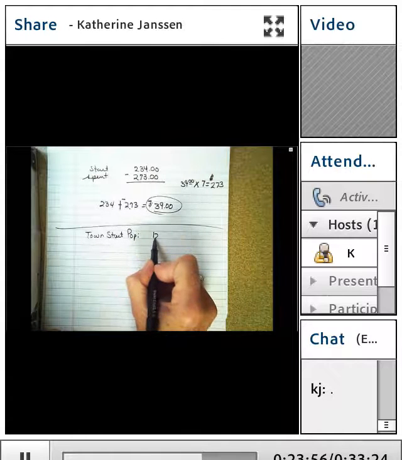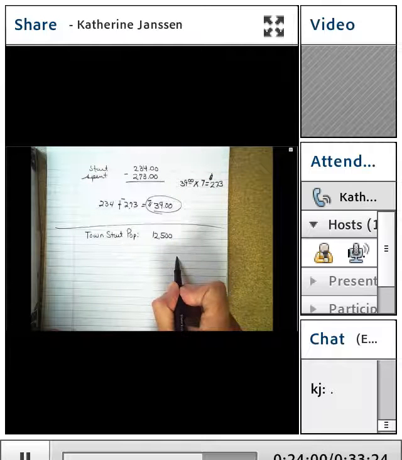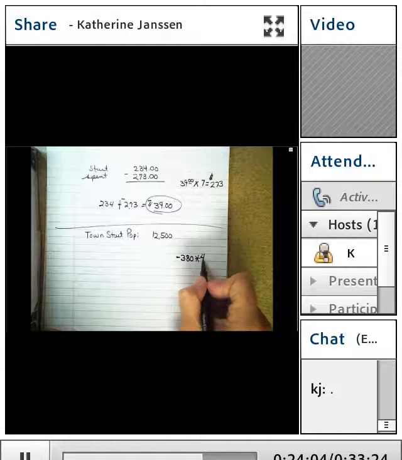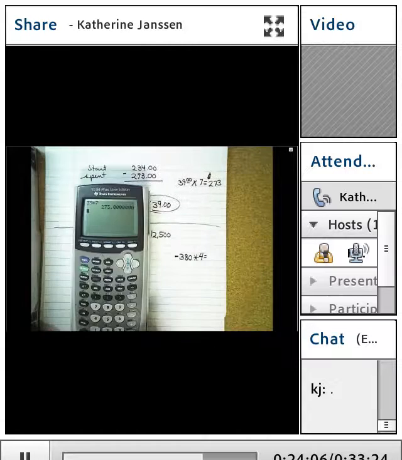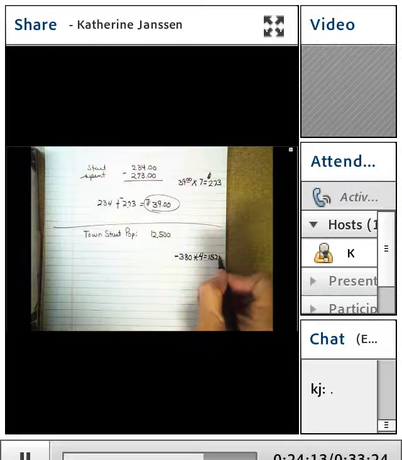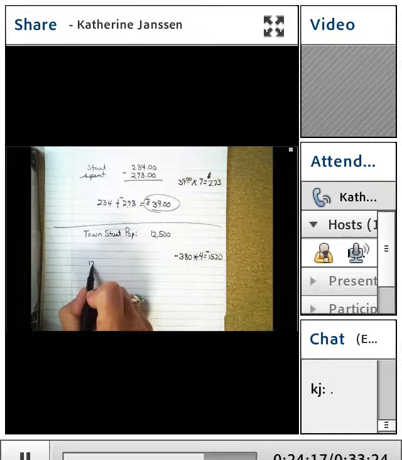And for 4 years, it decreased 380 people. So 380 times 4 is 1,520. A negative times positive would be negative. So I have 12,500 minus 1,520.